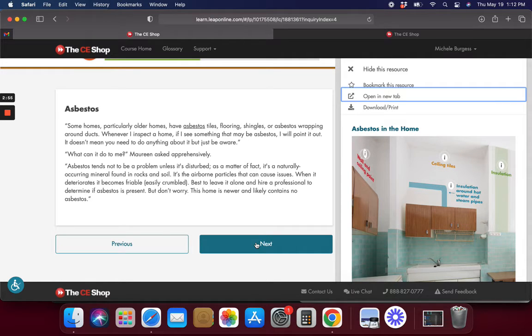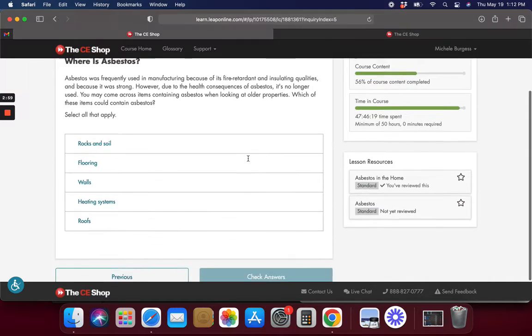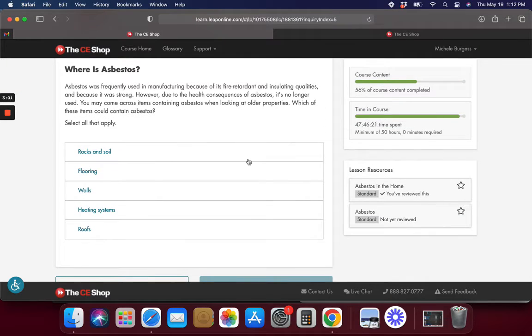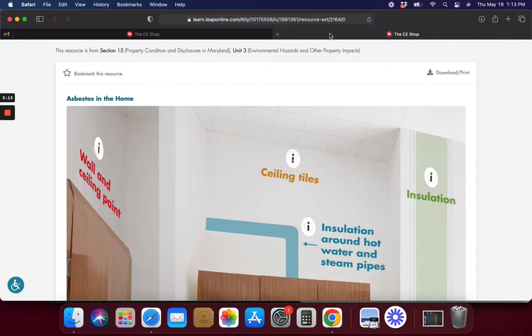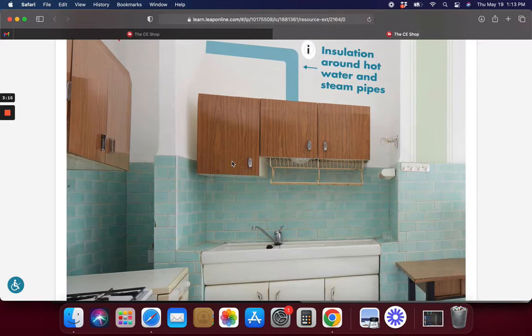Asbestos is airborne particles that deteriorate and can cause a lot of problems with your health and your breathing. And it's on a lot of older properties because they didn't have anything against asbestos when they were building those homes. So you can kind of tell. This looks like something from the 1950s.